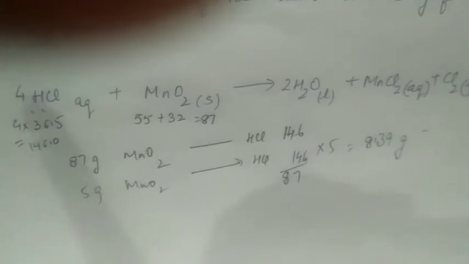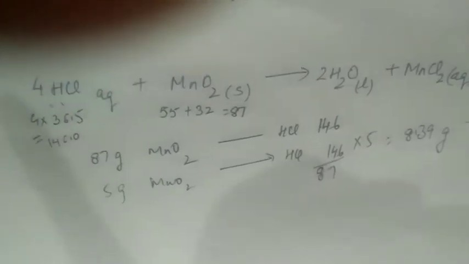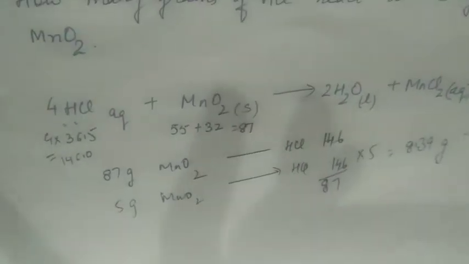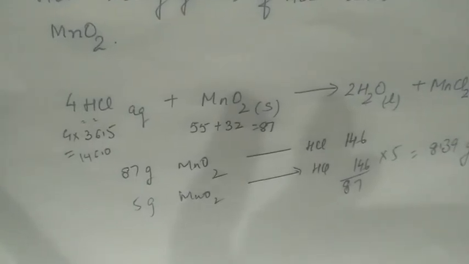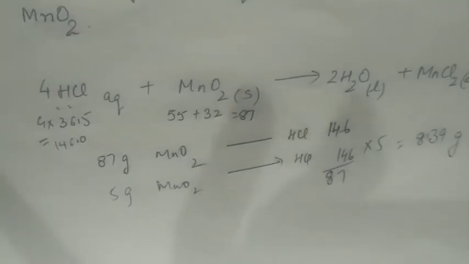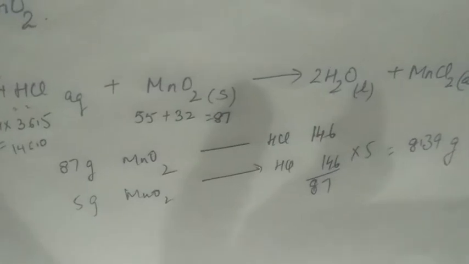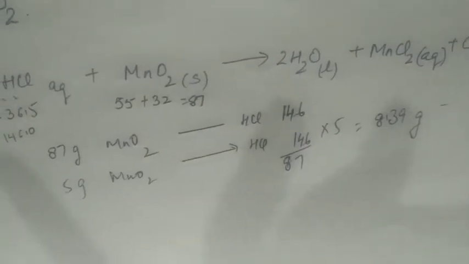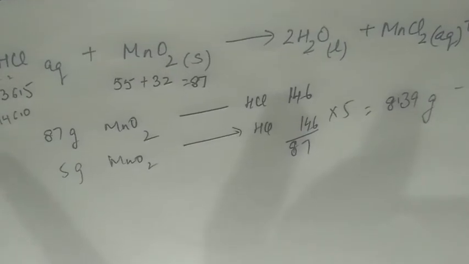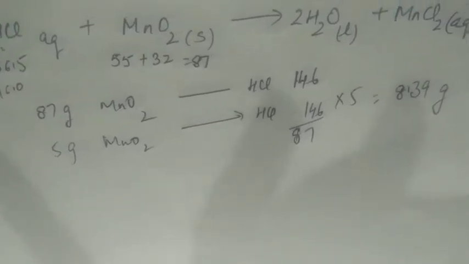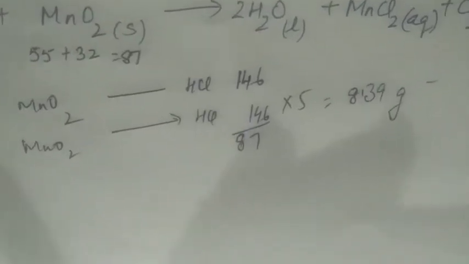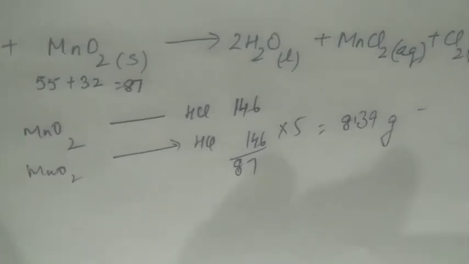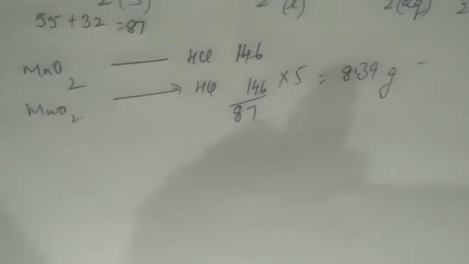So according to equation, mass of HCl is 4 into 36.5, that is 146. Mass of MnO2 is 55 plus 2 into 16, that is 87. So 87 grams MnO2 will react with HCl 146. 5 grams MnO2 will react with 146 upon 87 into 5. So this comes out to be 8.39 grams.